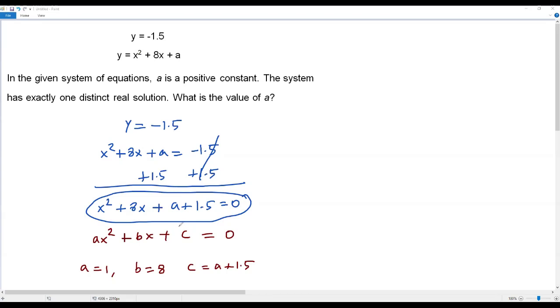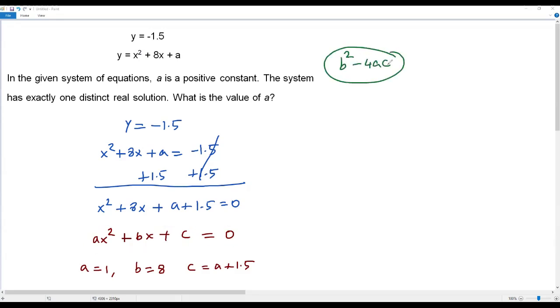Whenever I have a quadratic equation, there are three possible situations. The quadratic equation may have two real solutions, or only one real solution, or no real solution. How do we know? For that, let's consider ax square plus bx plus c equals 0 and find the value of the discriminant, b square minus 4ac. It is called the discriminant because it discriminates the nature of the roots.